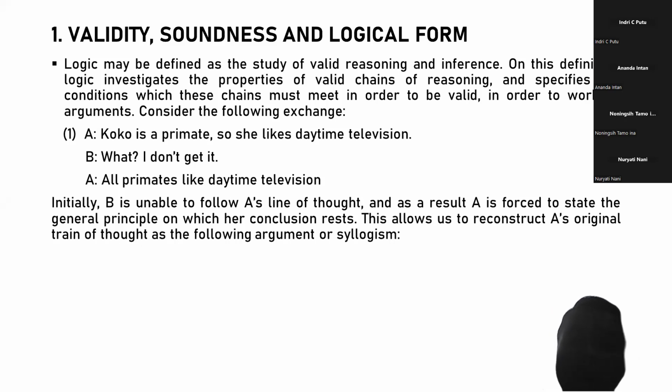Here, Coco is understood as a kind of primate. Okay, do you get the point? That's the syllogism, made by giving the argument.